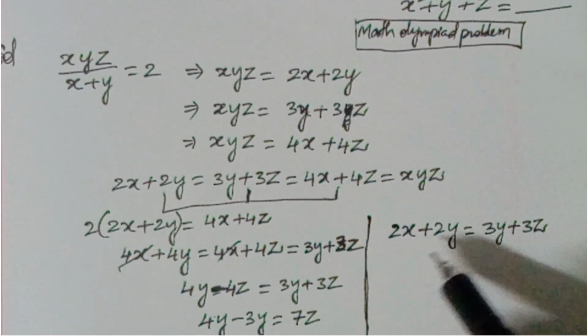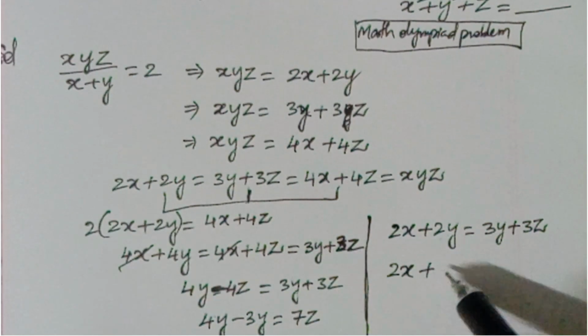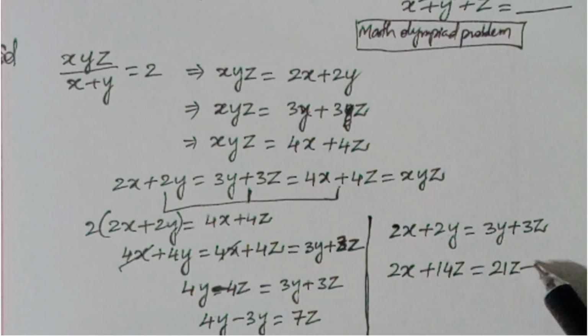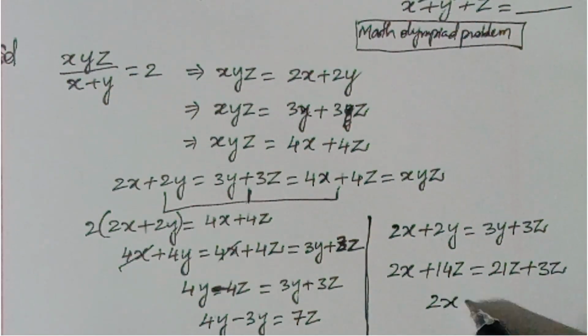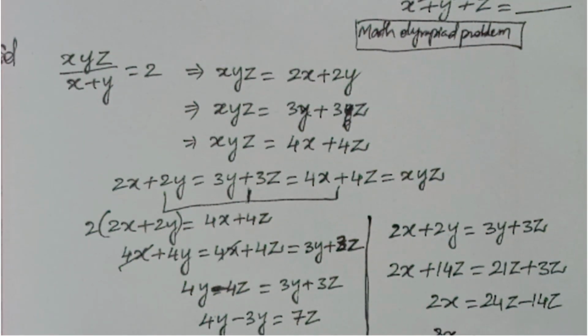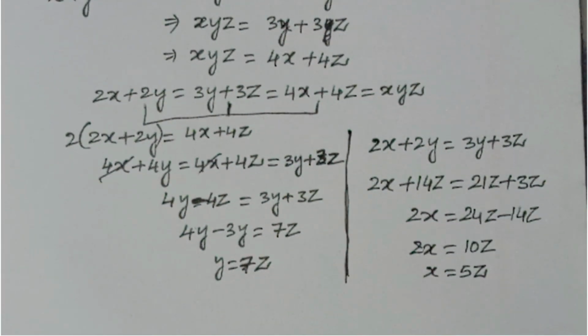So in the place of y you are writing 7z: 2x plus 14z is equal to 21z plus 3z. So 2x is equal to 24z minus 14z. So 2x is equal to 10z, x is equal to 5z. So you are getting the relation between x and z, and y and z.